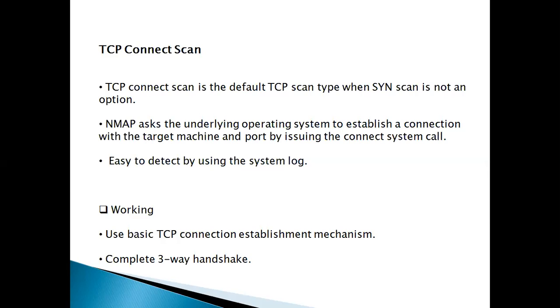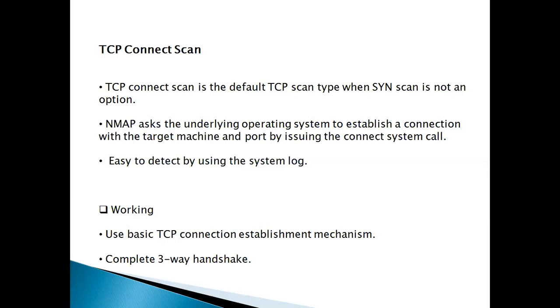In this port scanning technique, Nmap asks the underlying operating system to establish a connection with the target machine and port by issuing the connect system call. This scan can be used to check whether the port is open or not, but this kind of scan is easily detected by the system administrator using the system log, because all valid TCP connections are recorded in the system log.